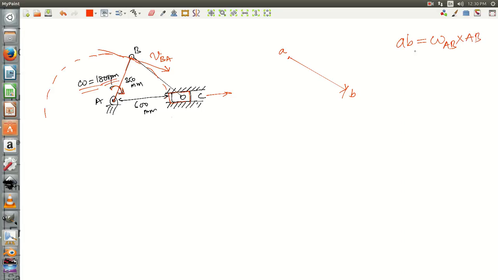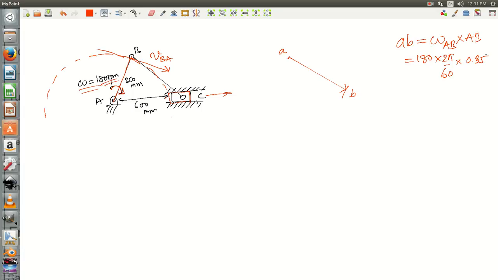Omega is 180 rpm, so convert it into radians per second, which is 2 pi by 60, into the length of AB, which is 350 mm, or 0.35 meters.